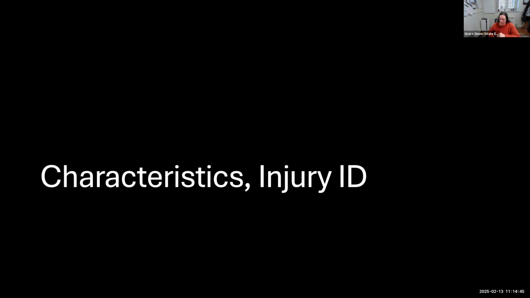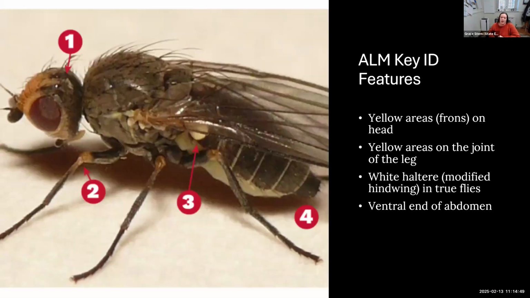So I want to show you some more identifications. So this is the adult. It's a fly. It's in Diptera, which means that it has 2 true wings, and that number 3 is pointing to a haltere, which is a modified hind wing.